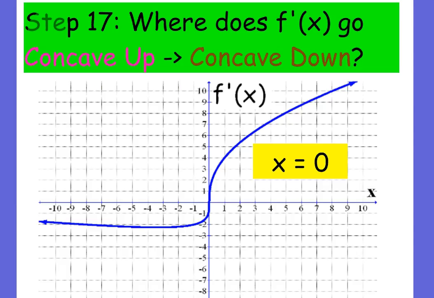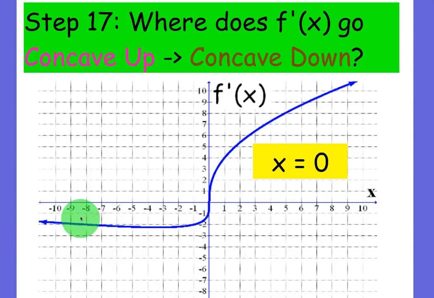But for step 17, where does f prime of x go from concave up to concave down? It happens right here. Because of that, we have a possible relative max. Now, here's the thing though. There's a vertical tangent here.